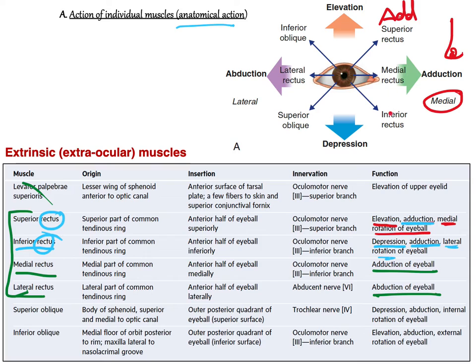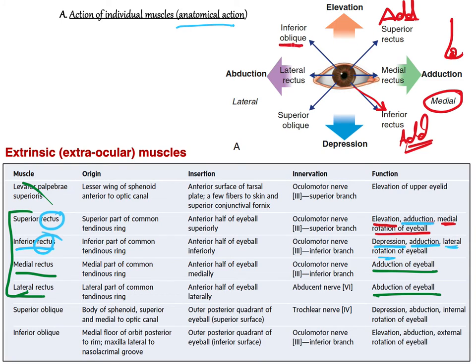While the inferior rectus depresses the eye and moves it in this direction, adducts it toward the center, right? Because we said recti muscles adduct the eye. In addition to their function, they adduct the eye.